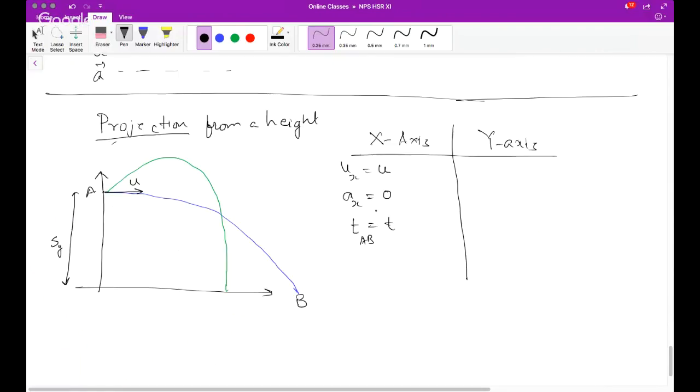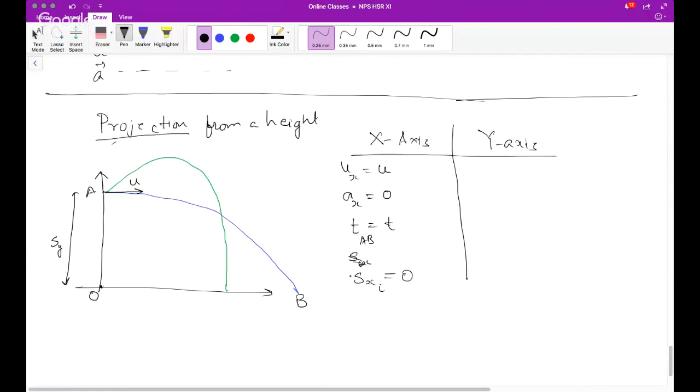Now it depends on where you are taking the origin. So if you have taken the origin at O, was there any initial displacement from the origin in the x-axis? No. So initial displacement Sx initial is 0.